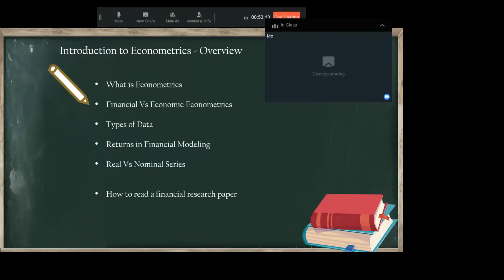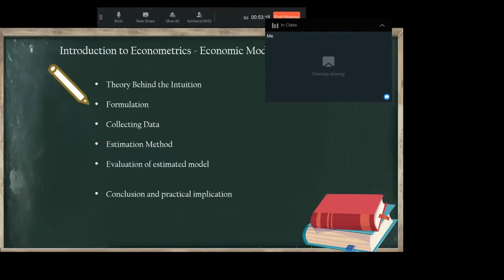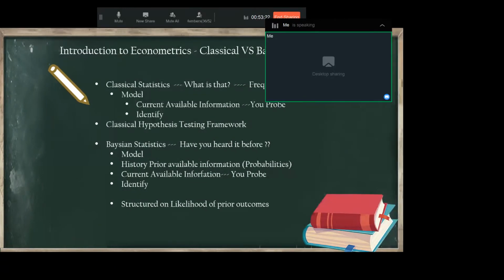So today we talked about the theory behind the intuition, how we do economic modeling. Then we talked about classical statistics and Bayesian statistics. Now you must know what classical is. Classical just considers the available observations, whereas Bayesian also considers the historical information so that we can conclude in a better way.